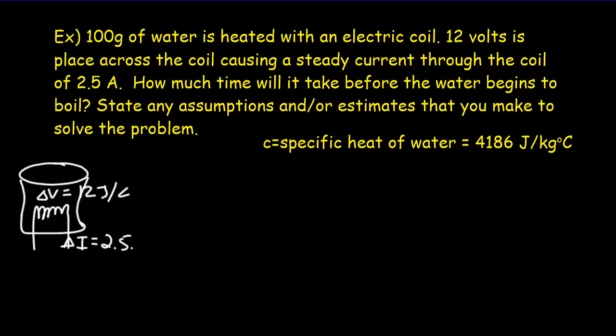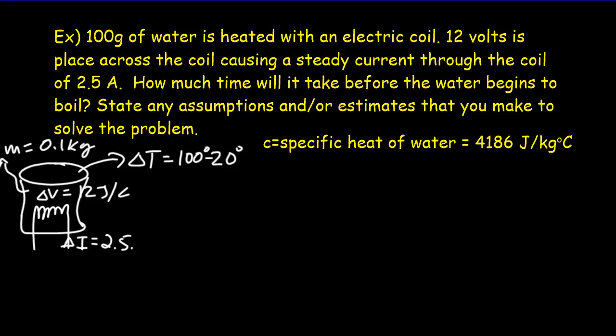And we know the amount of water, our mass, is 100 grams, or 0.1 kilograms. Then we want to heat it up to 100 degrees, and let's assume room temperature is 20 degrees, so delta T has to be 100 minus 20 in Celsius.